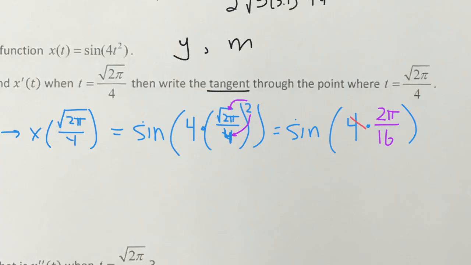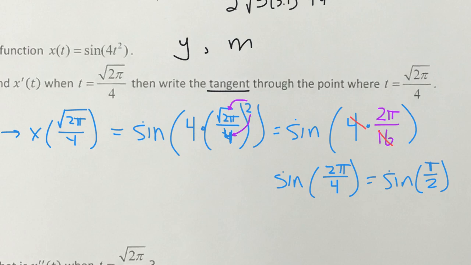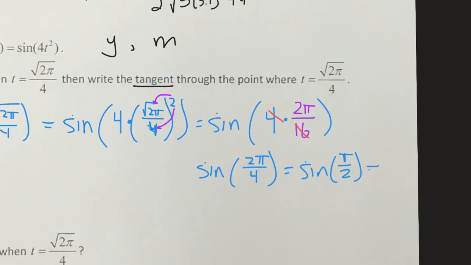I can reduce my 4 and my 16 to be the sine of 2 pi over 4, which becomes the sine of pi over 2. Now, if you know your unit circle, pi over 2 is 90 degrees, and the sine of 90 degrees is 1. So our y value for the equation of our tangent line is going to be 1.